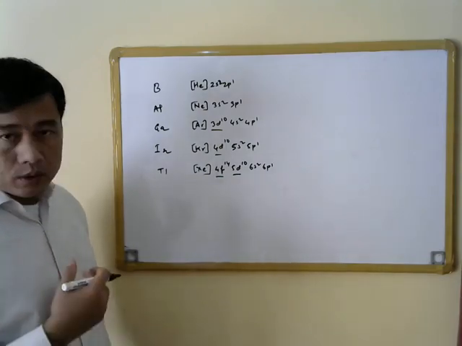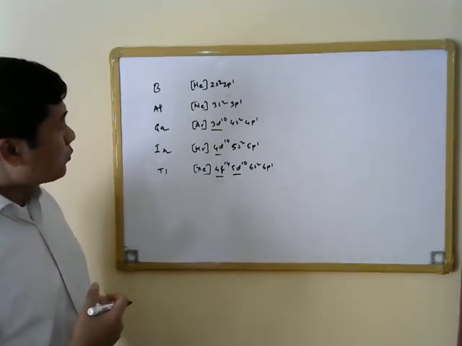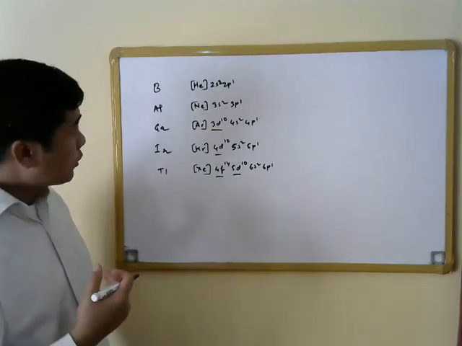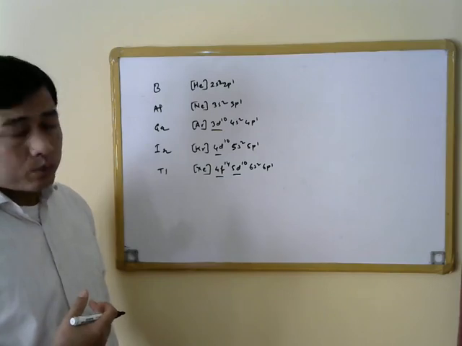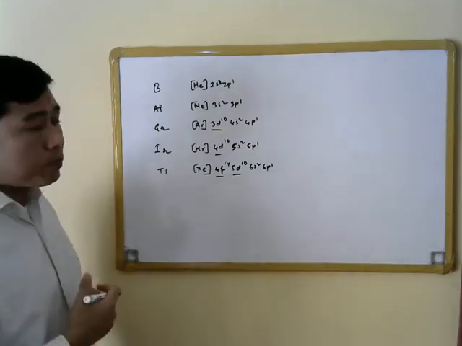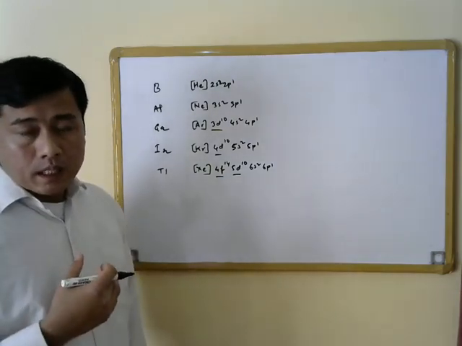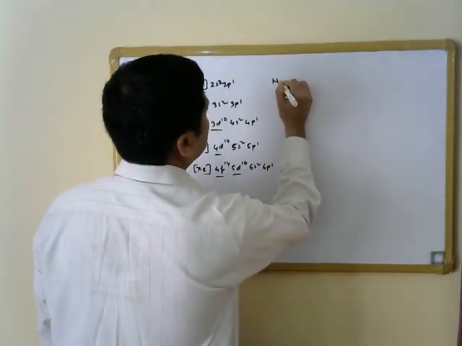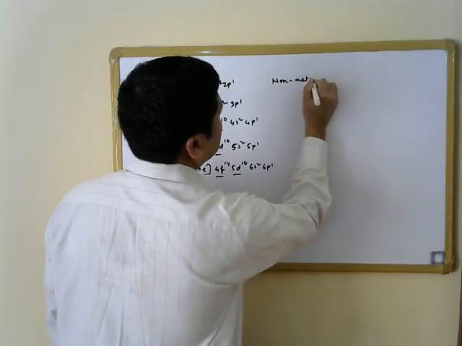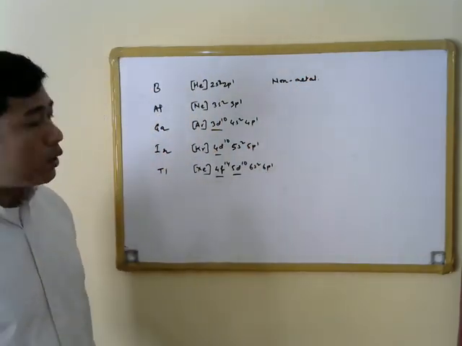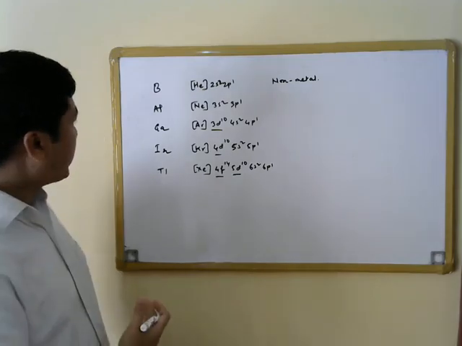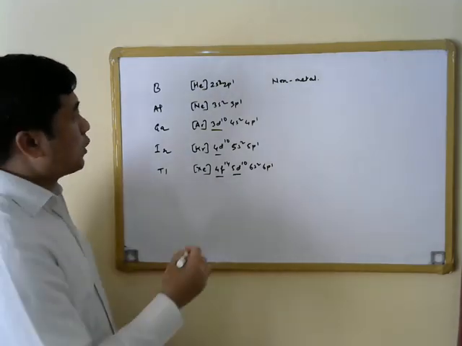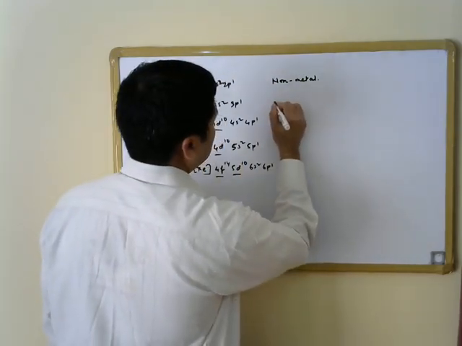Now before we go into that, let us also try to summarize the kind of bonds that these elements form. In case of boron, we can largely classify it to be a non-metal, while the rest of the elements, that is aluminium, gallium, indium and thallium, are classified as metals.